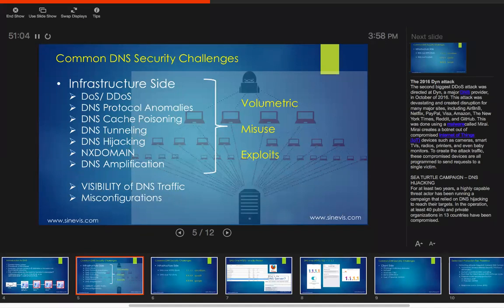So we need something to look inside the DNS packet for anomalies, for any malicious pattern, for DNS tunneling, where malware is using DNS tunneling to send command and control commands or for data exfiltration using DNS.